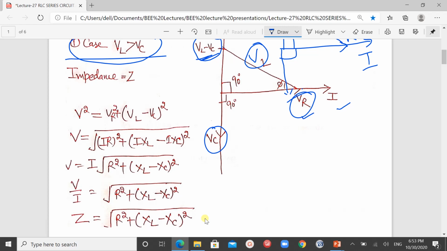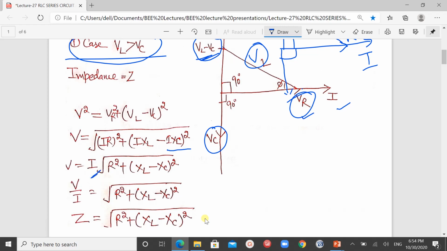Fine. Now we put the values: VR is equal to IR, VL is equal to IXL, and VC is equal to IXC.